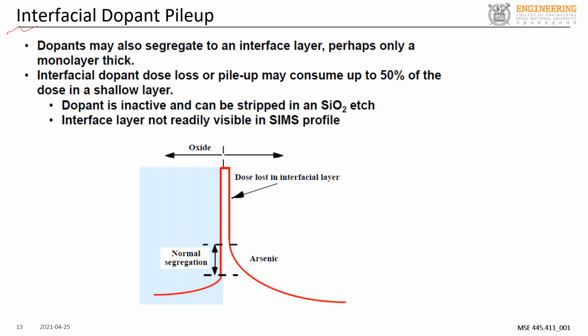There's something called interfacial dopant pileup. This is similar to segregation, but not exactly the same. This picture is a good picture to show you the difference between the interfacial dopant pileup and the segregation. The idea is there is some kind of layer which is not an oxide and not a silicon, because you cannot have a really abrupt interface between the oxide and silicon.